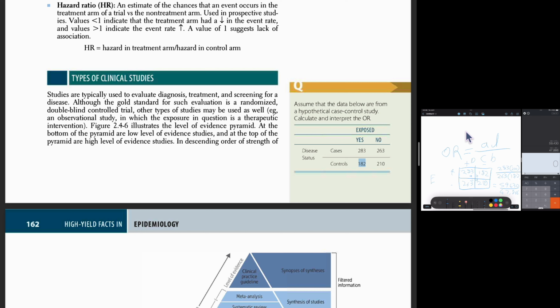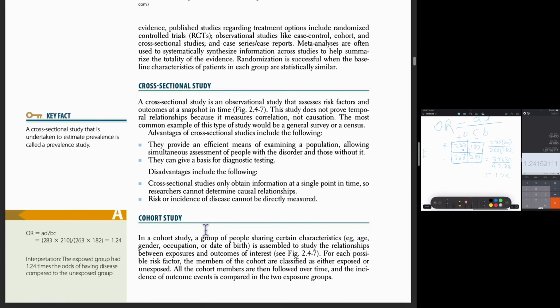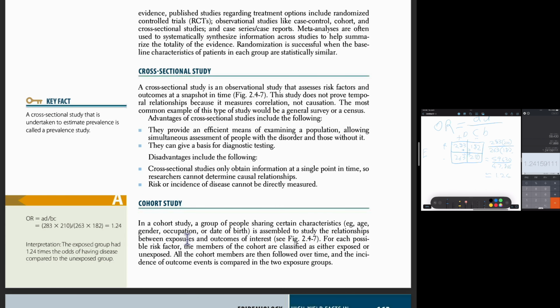Let's see. 59,430 divided by 47,866. So 1.2 is the answer. No, wait. Yeah, 1.24. Let's see how messy that was. 1.24. Oh, we got it right.